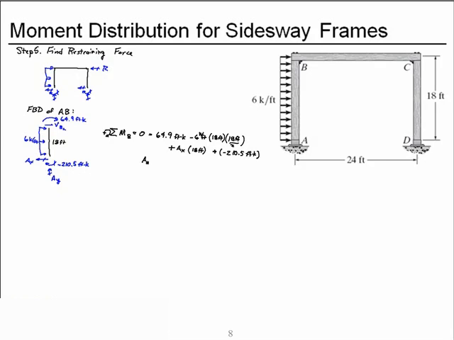Solve that for AX, and we get 62.1 kips positive, so it is to the left.